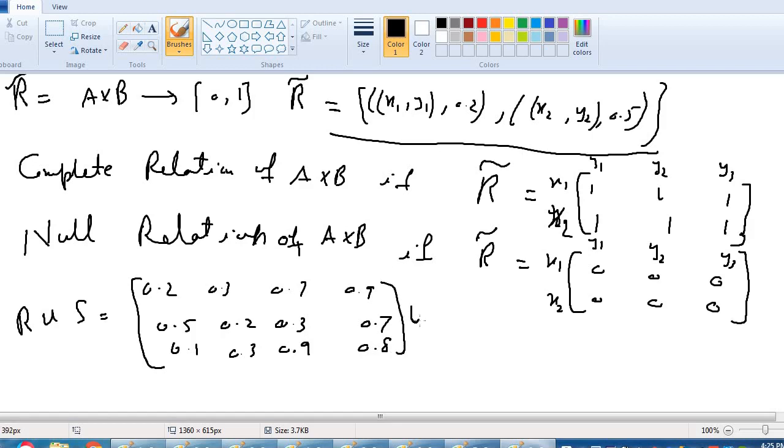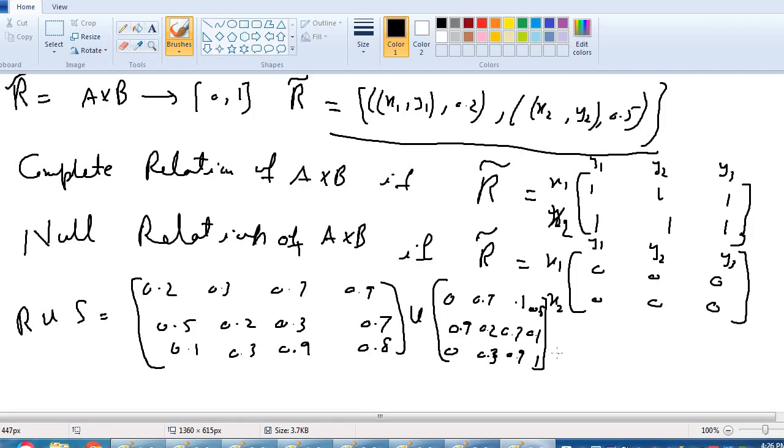We are taking its union with S, and here S is 0, 0.7, 0.1, 0.8. Similarly, 0.9, 0.2, then 0.7, 0.1, and 0, 0.3, 0.9, and 1.